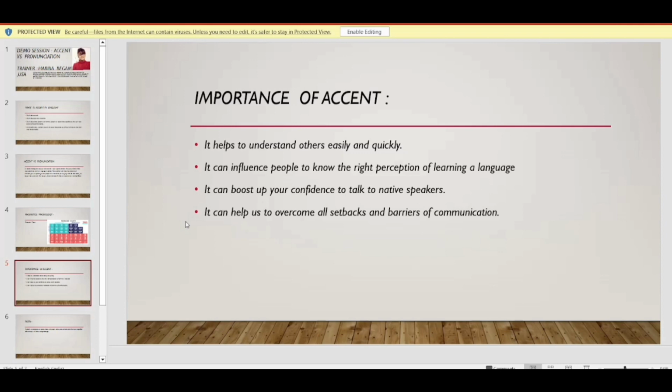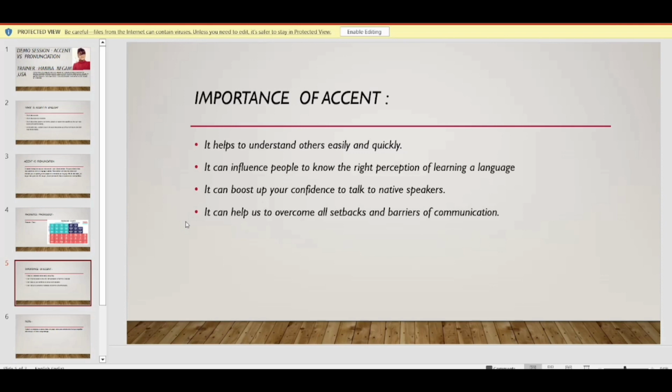Next, it can help us to overcome all setbacks and barriers of communication. Obviously, as I told you a few minutes ago, because of different accents, we sometimes face a lot of trouble talking to people or native speakers.